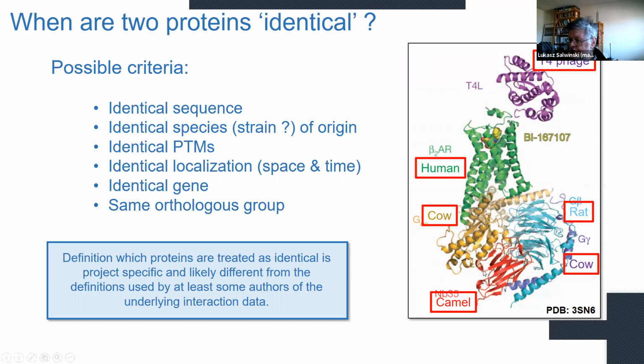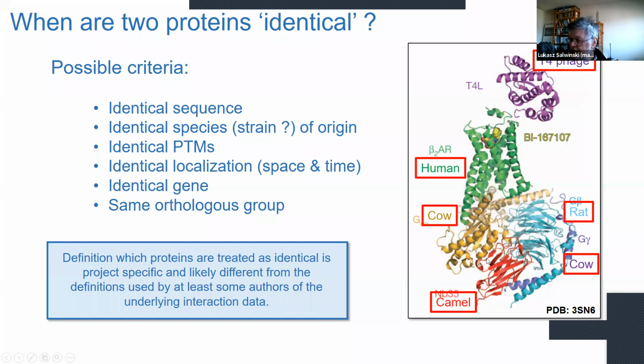You might have, for some of the interactions, reported additional molecules. There's a camelid antibody used to stabilize this complex, which is just a chemical used to stabilize the complex. It's not part of the interaction that we're looking at.